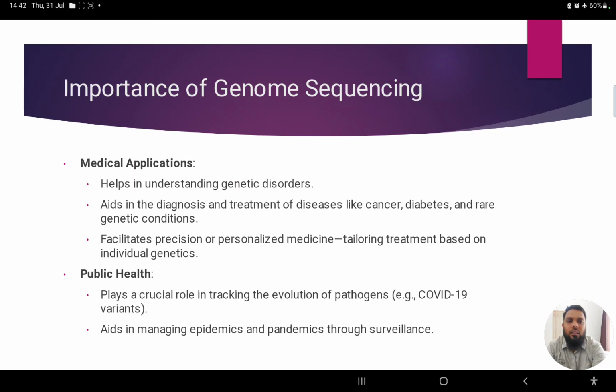So the first thing is the medical applications. It helps in understanding genetic disorders. It helps in diagnosing and treating various diseases like cancer, diabetes, and rare genetic conditions. It also facilitates precision or personalized medicine.